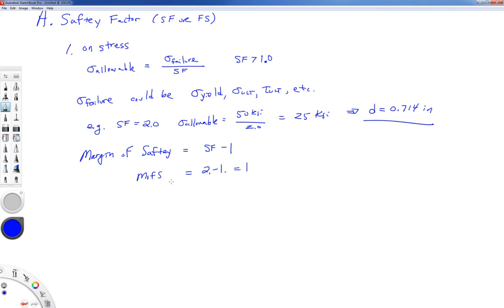Well, safety factors on stress is not the only way that we can have a safety factor. We can also have a safety factor on load, and it's defined in a similar way. We can say that the safety factor on load is our failure load divided by our safe allowable load.